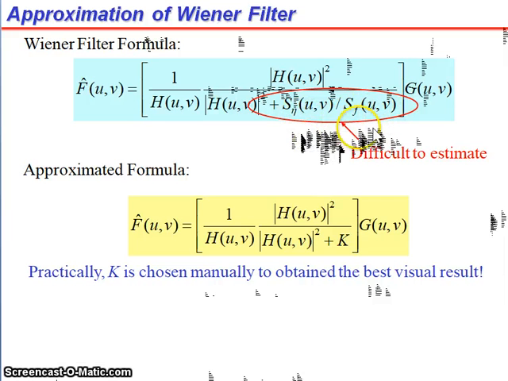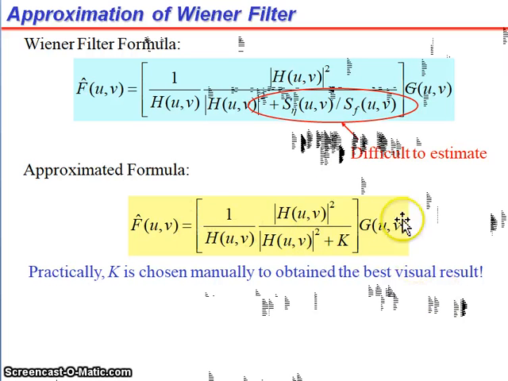That's why they smartly take this ratio as a constant, some integer value. They consider this ratio as K. K is chosen manually to obtain the best visual result.